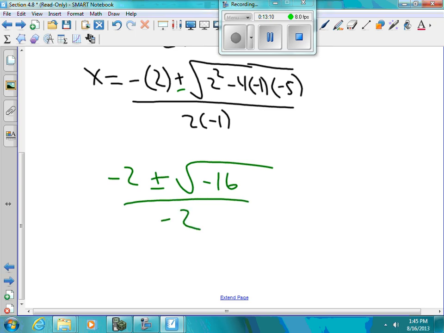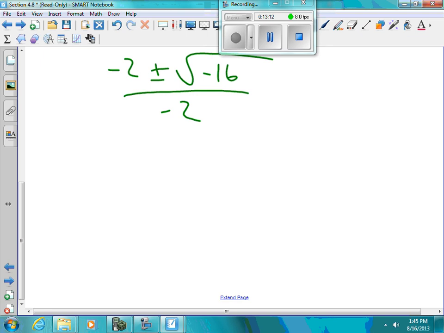So negative 16, what do we do with that? We can't leave it as a negative 16, so we do a little math operation. We pull the i out, right? Do that math operation. I know you're all laughing at home. Okay, the square root of 16 is 4.